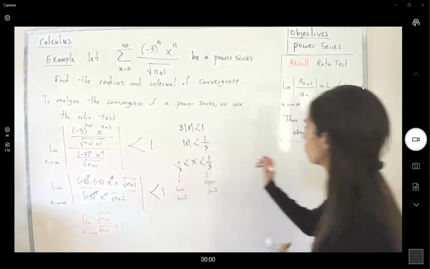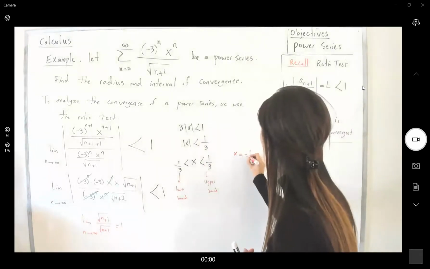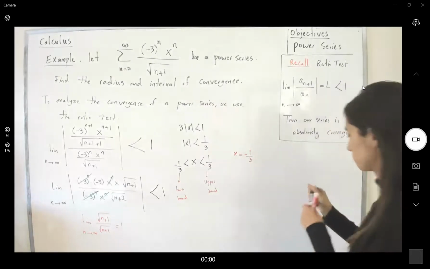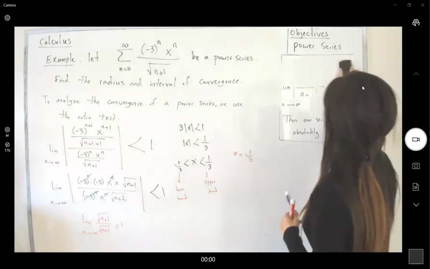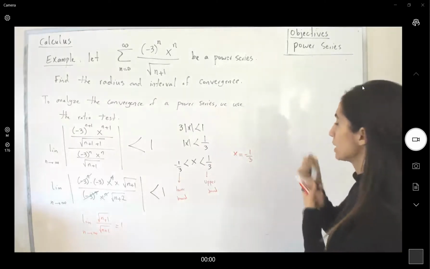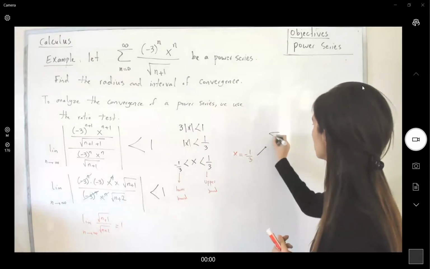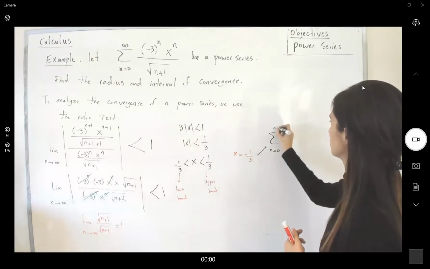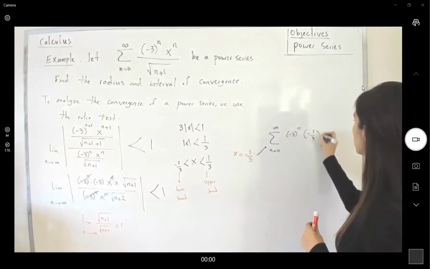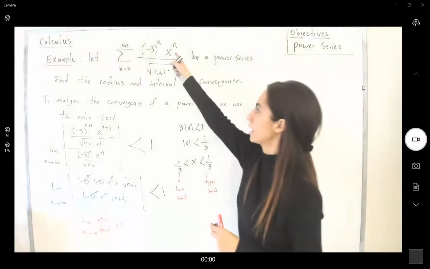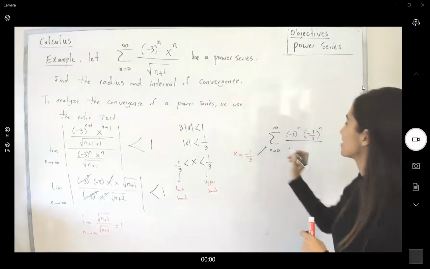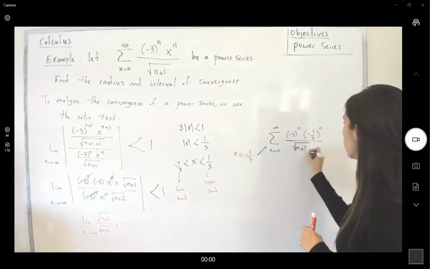So when x is equal to negative a third, what happens to our original power series? When x is negative a third, we get the sum of negative 3 to the power n, negative a third to the power n. So instead of x, you substitute negative a third, divided by square root of n plus 1.